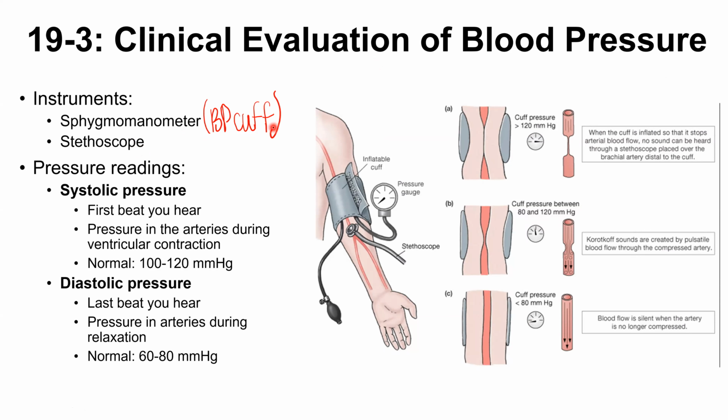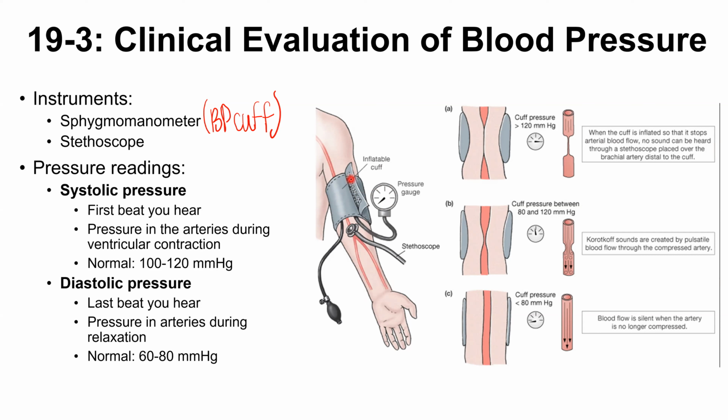So whenever we are using a blood pressure cuff, as you're seeing here, we know that this part inflates, and this little handle is what makes it inflate. And then we put a pressure gauge on there to see the pressure of the cuff. Then you take a stethoscope and put it either on the brachial artery or the radial artery. In this case, it's on the brachial artery just before it splits into the radial artery and the ulnar artery.